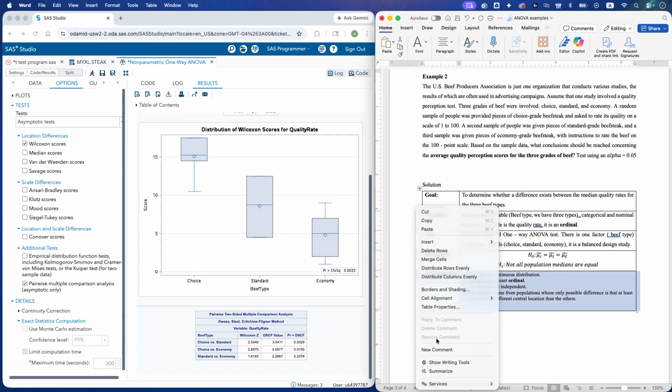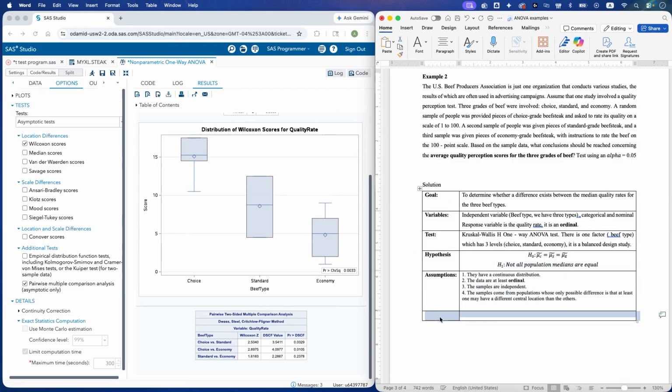Let me insert another row below this. Let me write the conclusion here. Okay, so what we say: a Kruskal-Wallis H one-way ANOVA. Actually, we can say just test.